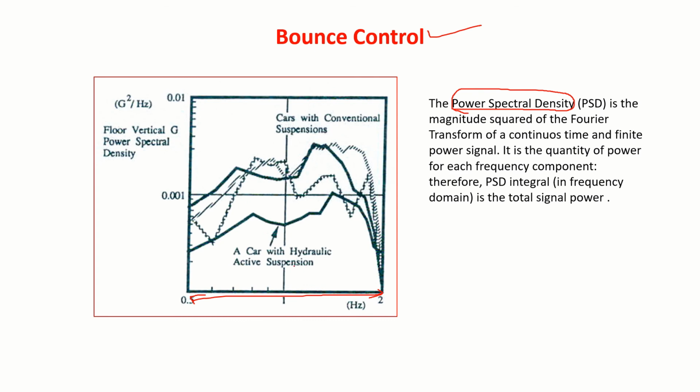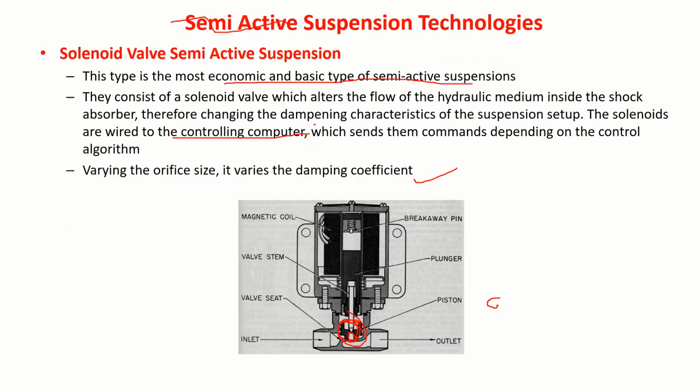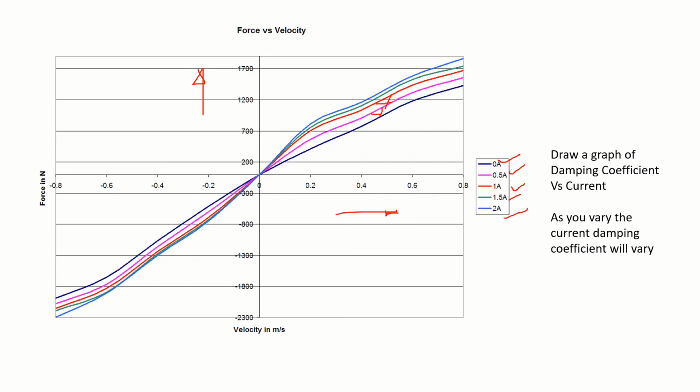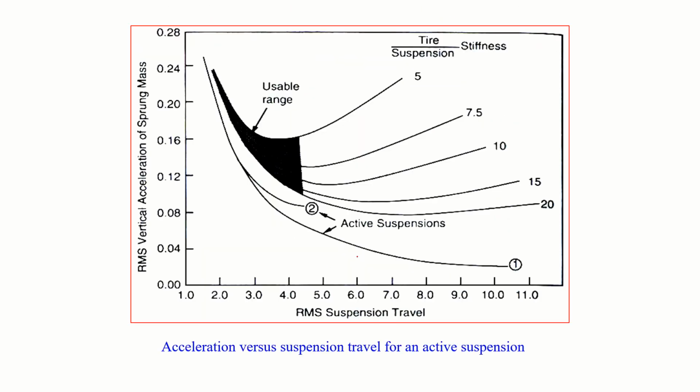But for a car with a hydraulic active suspension system, this can be very much reduced. The acceleration values can be very much reduced. So it means to say you can operate somewhere in this region, low RMS acceleration values.